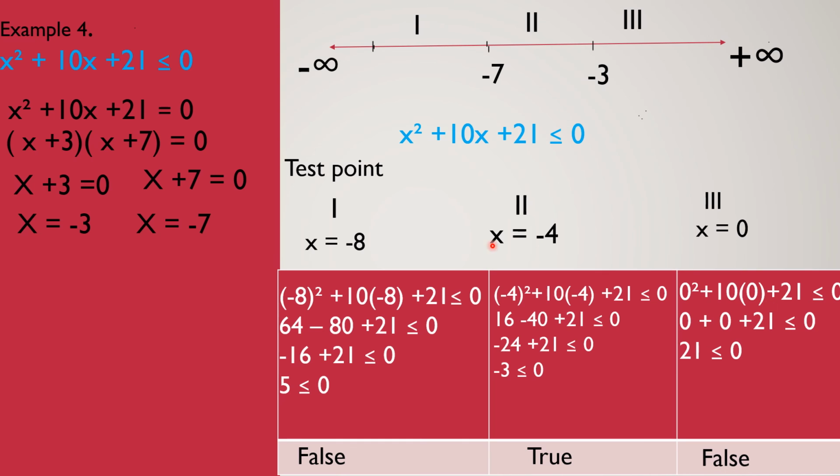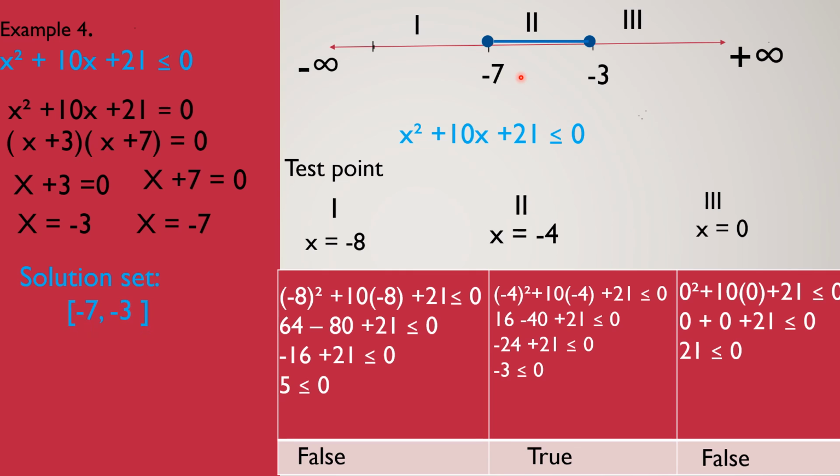So the second part here is true, which means that this is the region where I can find the solution set. So again, I'm going to put a shaded circle, which means that negative 7 and negative 3 are included in the solution set. Okay, that is the part.